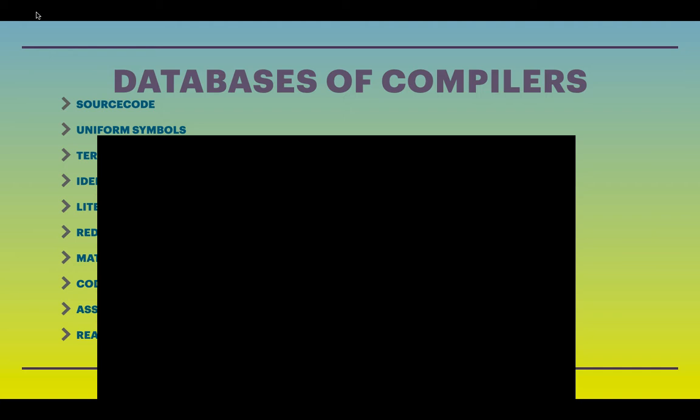Any compiler's work is to take the source code and convert it into an assembly code so that it can be used. That is the conversion of your source code to an object code, or in the case of assembly language, the assembly code we are going to generate. The source code is nothing but your user program itself.